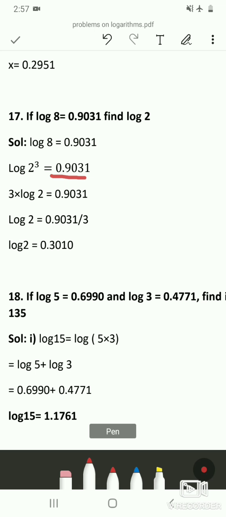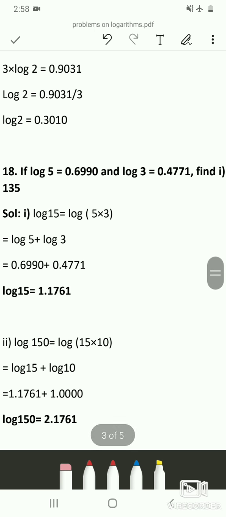So therefore log 2 is equal to 0.9031 divided by 3, and log 2 is 0.3010. So this is how you have to solve these kind of problems. Check for the values which can be rewritten the given term and then simplify. So now let's see some other problems.